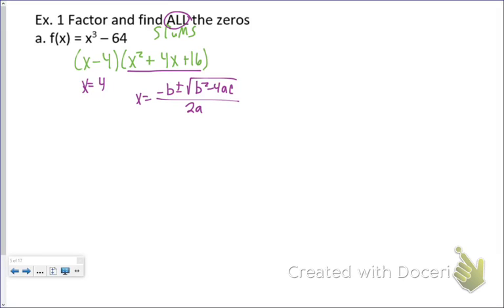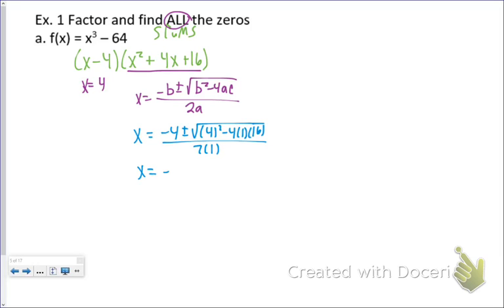Just pretend that's sung a little bit better, but that is your quadratic formula. A is the coefficient of the first term, b is the coefficient of the second term, c is the coefficient of your constant.